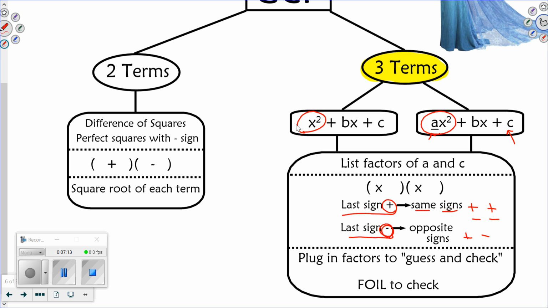Then you're going to plug in your factors. It's called the guess and check method, because a lot of times that's what you're doing. You're guessing which numbers work, plugging them in, and checking to see if it actually works. Now, there are other ways to factor. I've seen students being taught other ways. I tried teaching the other methods once, and it was painful, and it took so long.